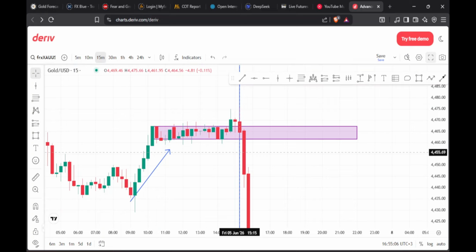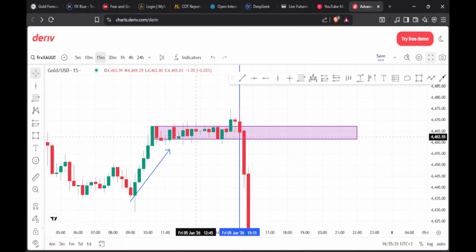You want to see that candle close back inside the range.